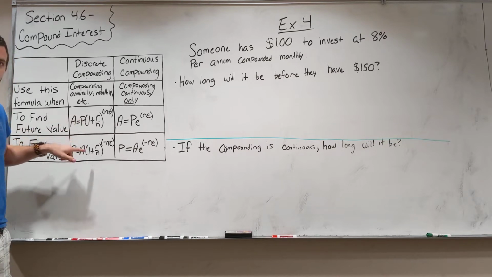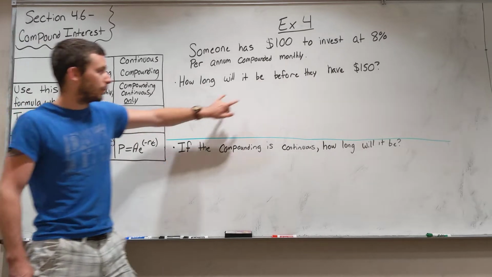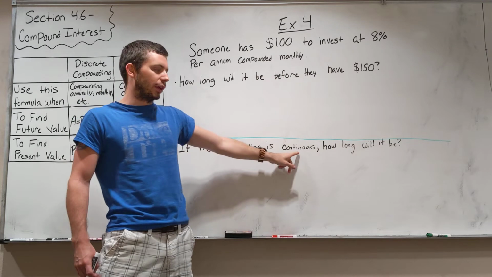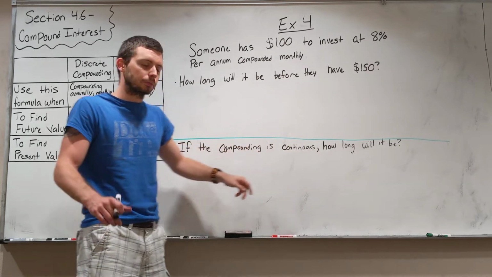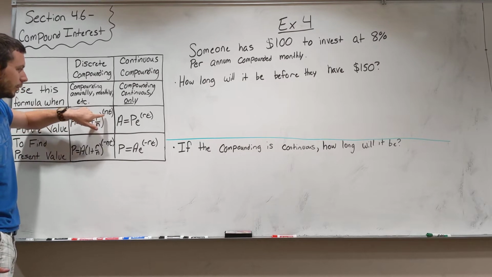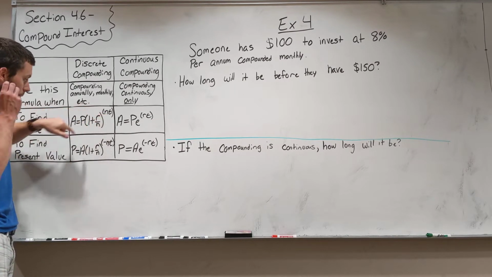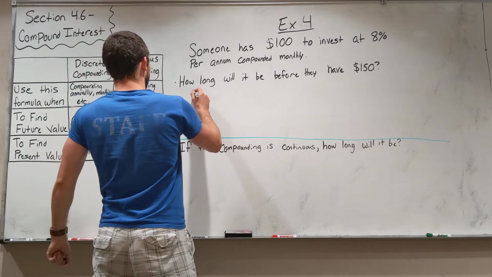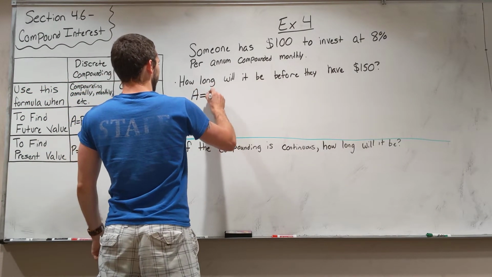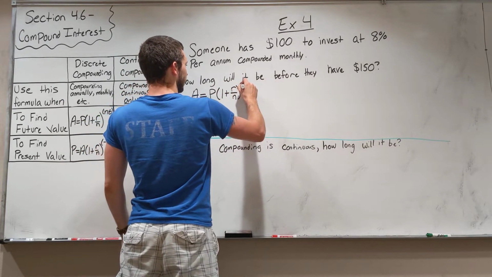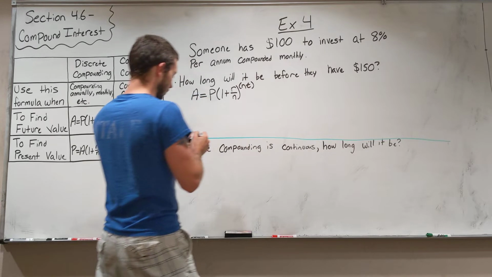We just have to use the one that corresponds to compounding monthly, as opposed to a continuous compound, which we'll do later. I like to pick the first one because there's not a negative on the t, so I'm going to pick this first one here. So that's A is equal to P times 1 plus r over n raised to the n times t.